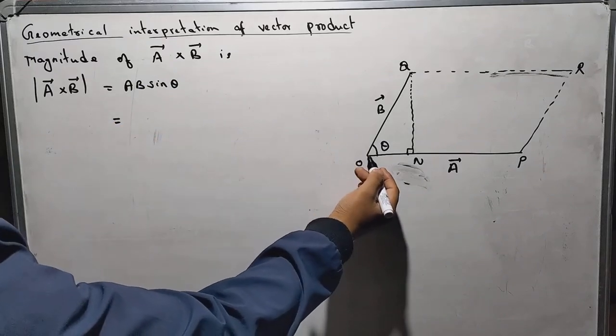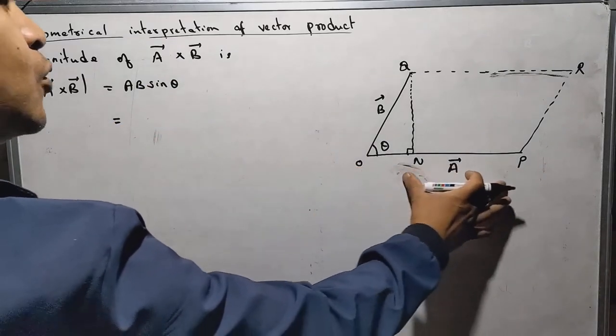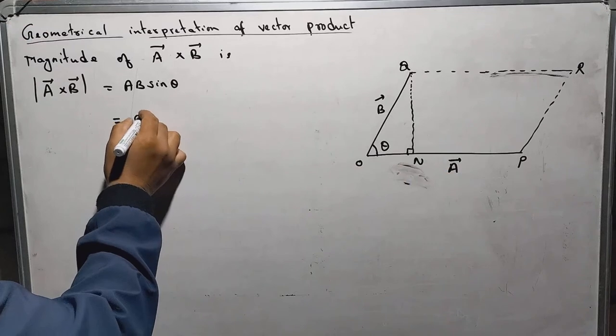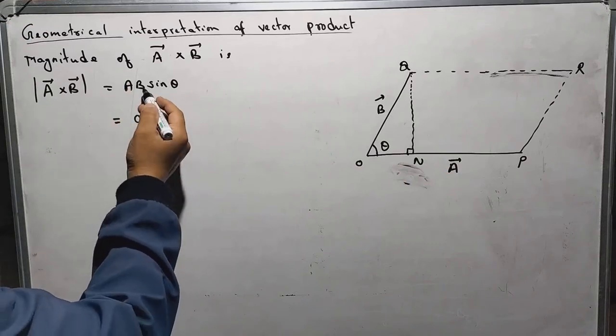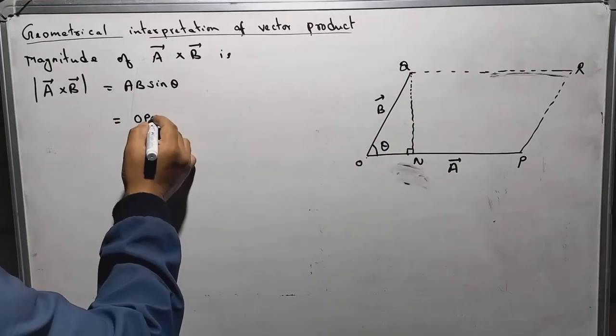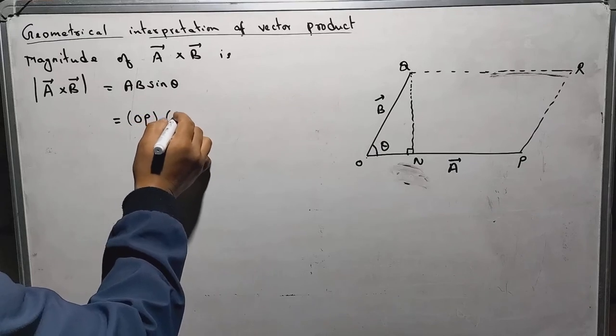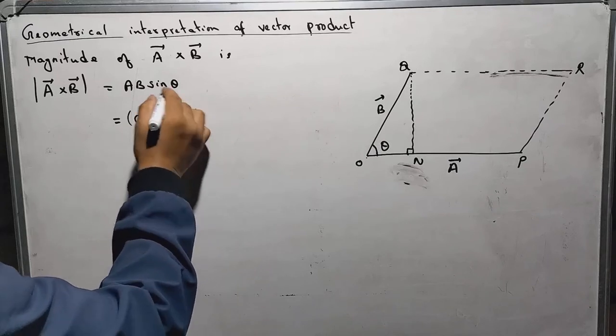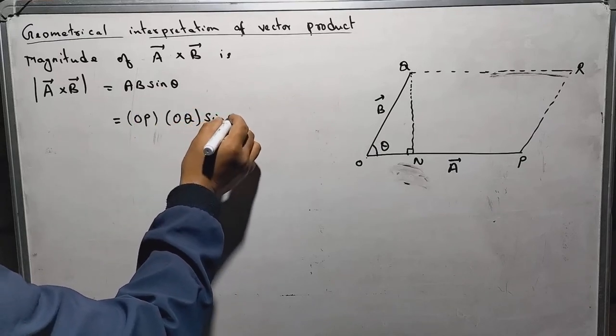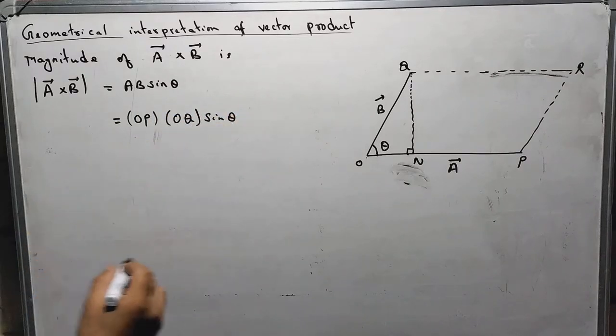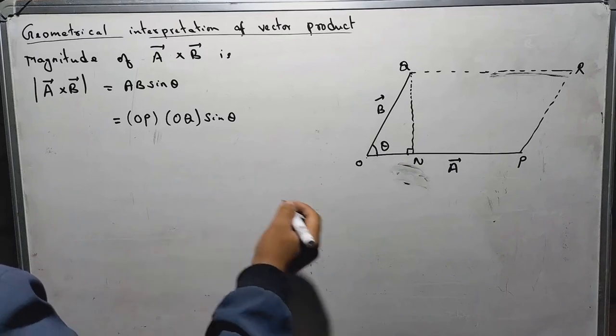The magnitude of vector A is the line OP. What is the magnitude of vector B? It is equal to the line OQ, and then sine theta. Now this OQ sine theta is equal to which side? Let us see that.